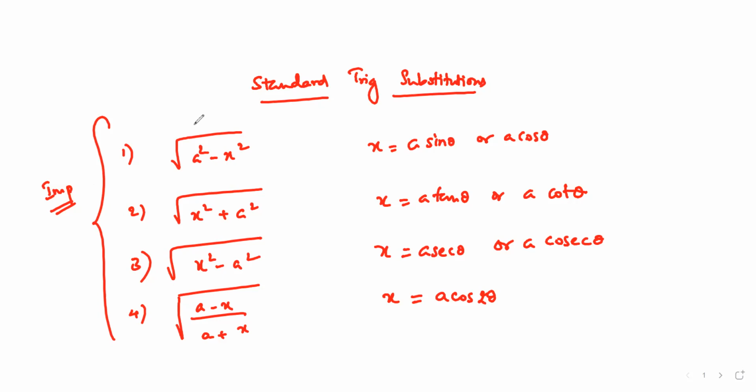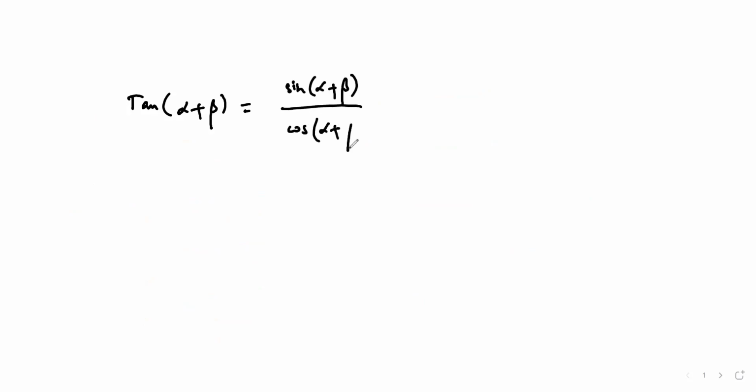Next, I will give you some compound angle formulas also. Let us say tan of alpha plus beta, or tan of a plus b. This is nothing but sine of a plus b by cos of alpha plus beta. This I can write as tan alpha plus tan beta by 1 minus tan alpha tan beta.